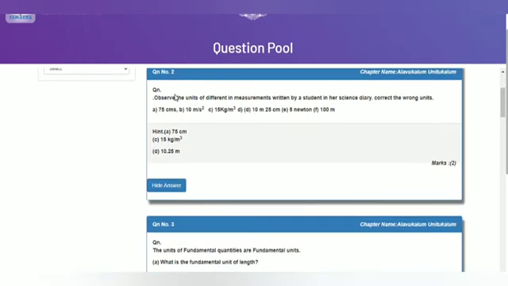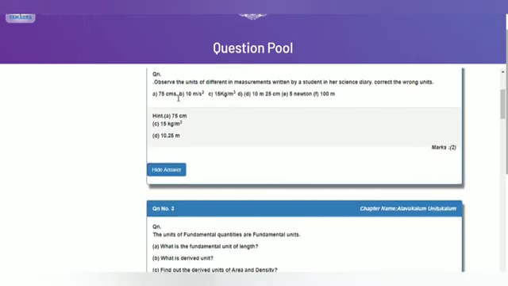Second one, observe the units of different measurements written by a student in her science diary. Correct the wrong units. A, 75 centimeters. B, 10 meter per second square. C, 15 kilogram per meter cube.